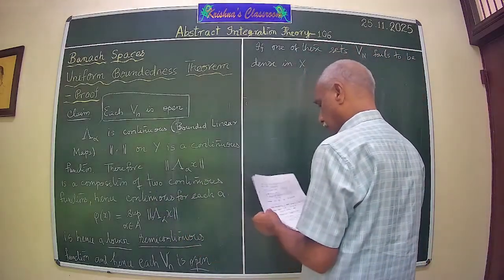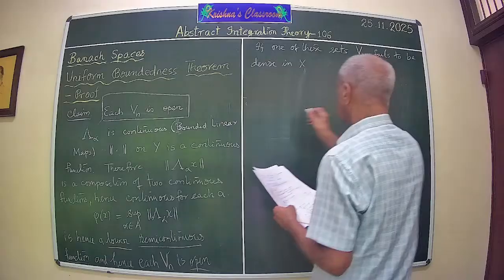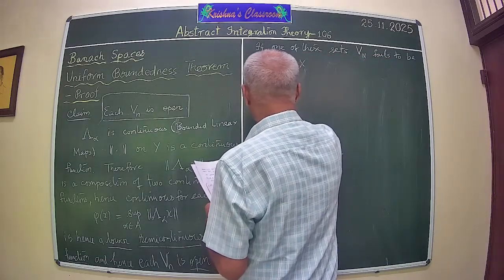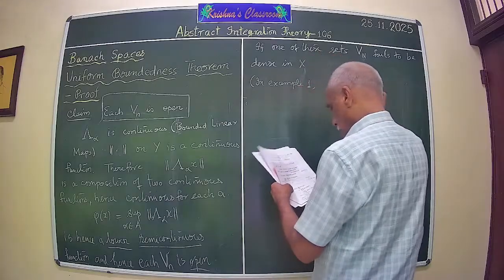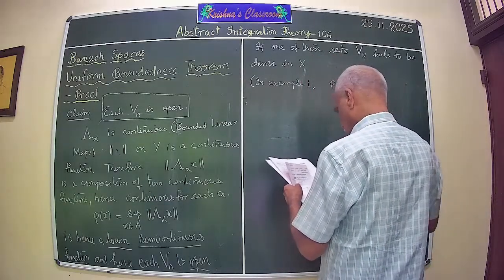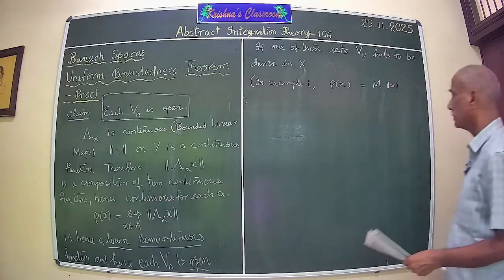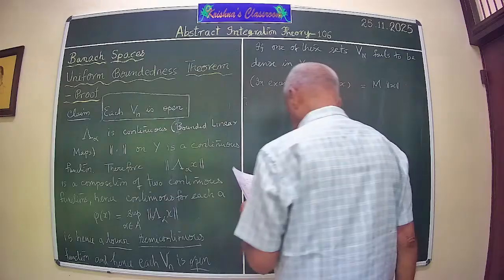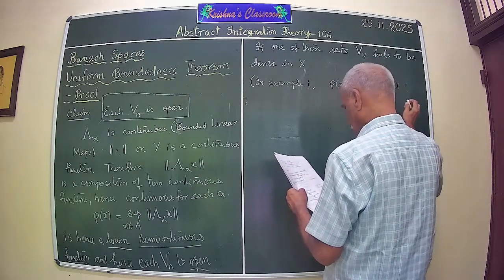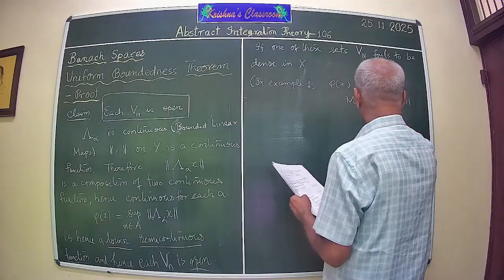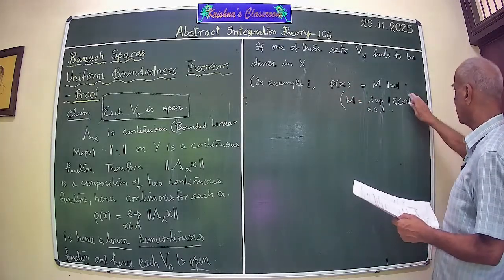We have explored the example, and in that example we have phi x equal to m times norm of x, where m is equal to the supremum over alpha belonging to A. This is what you have, and this is assumed to be finite.